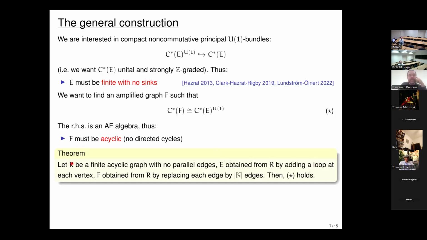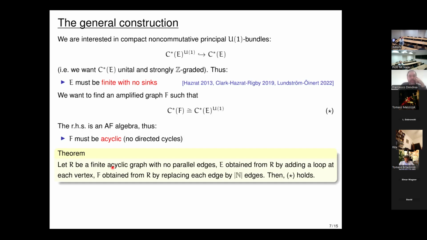And again, from this R, you construct F by replacing each edge by countably infinitely many. So now, since R is finite, E is finite. And since E has a loop at every vertex, E has no sinks. Since R is acyclic, F is acyclic.